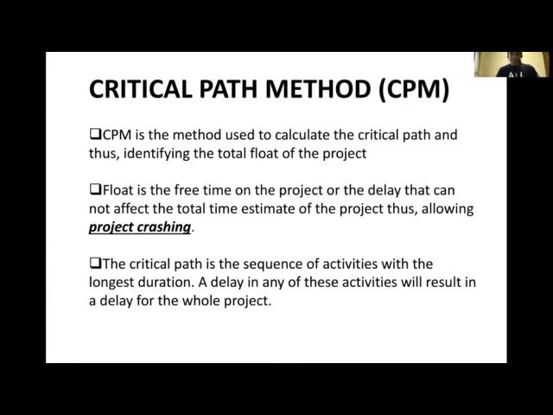For example, if you have total free time in the project of 10 days, it means you can deliver this project anytime within 10 days. That's what you call project crashing. This is only made possible if you know your critical path and you're able to calculate the total float of the project, then you can tell when to crash the project, so to speak.